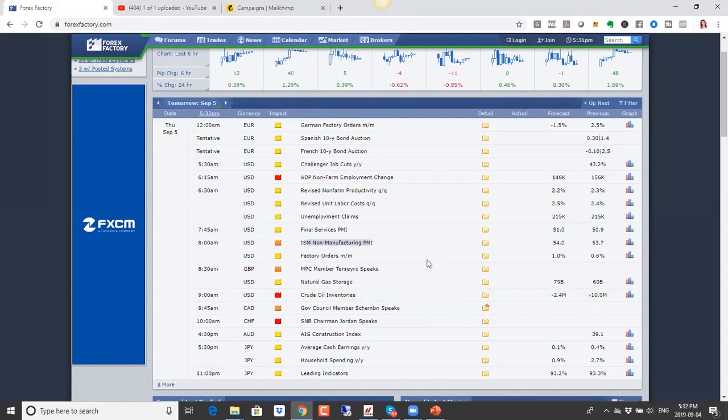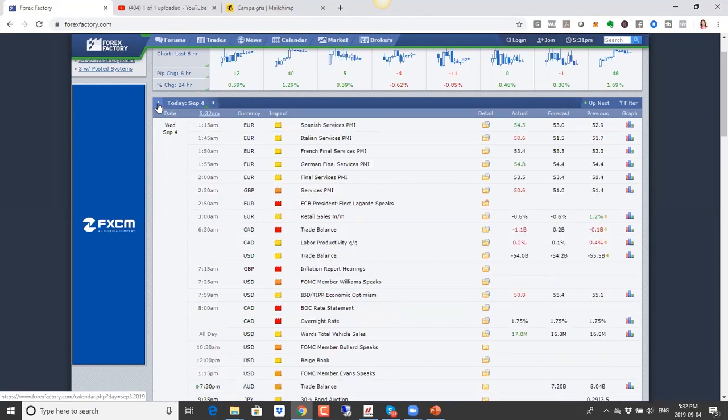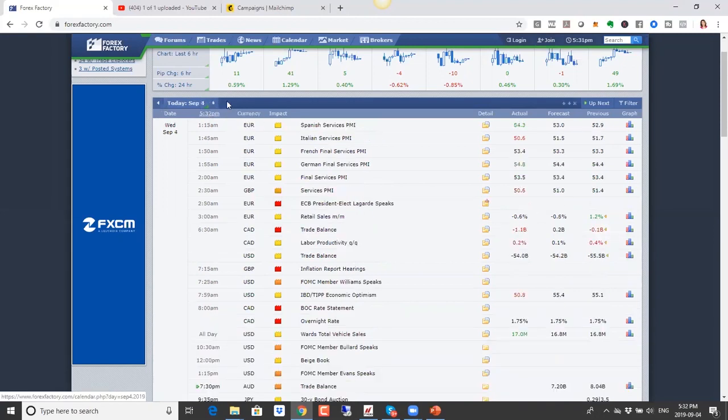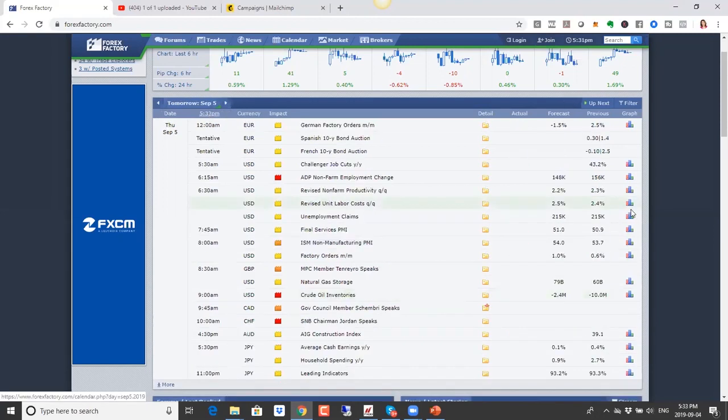We saw the manufacturing PMI numbers come in on Tuesday below expectations, and we saw the US dollar drop in response. And then tomorrow, if we see the ISM non-manufacturing PMI numbers or final services PMI numbers below expectations, we are likely to see a negative impact on the US dollar as a result of that.